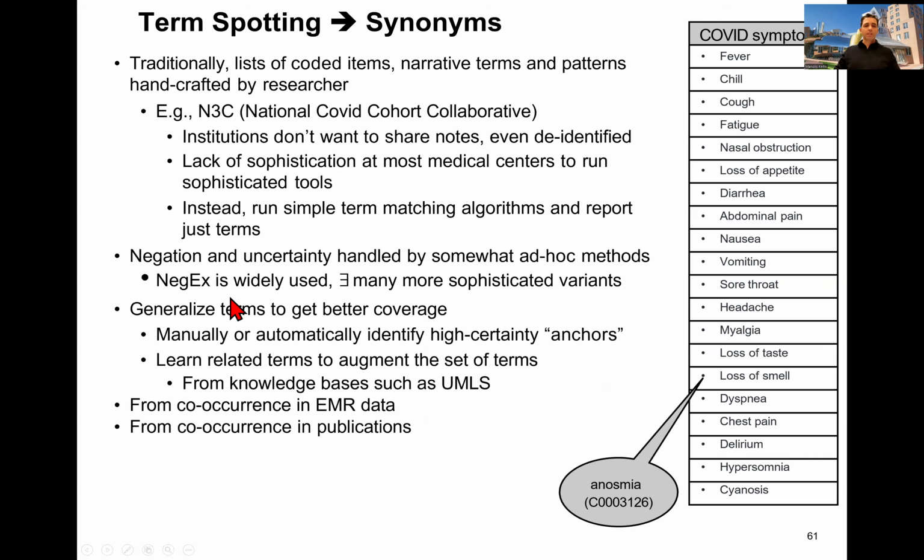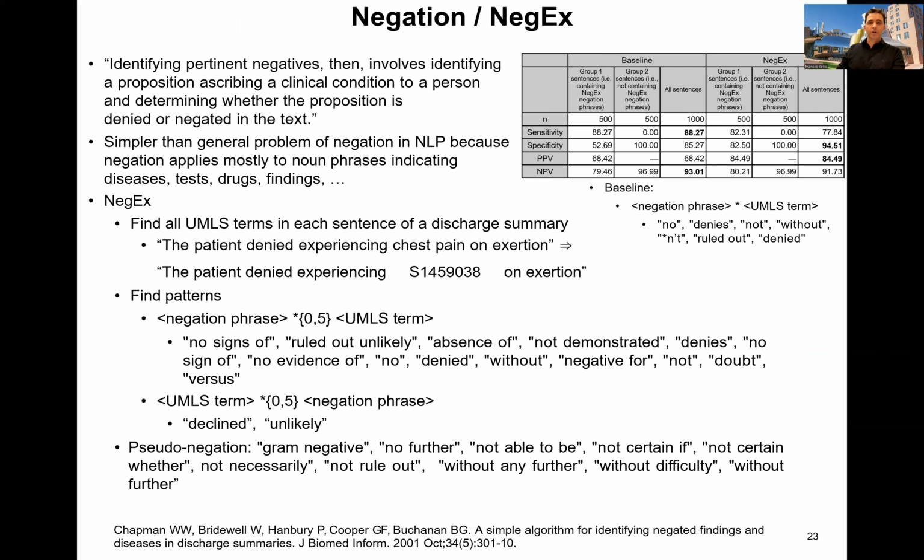So the question is, how do you deal with negation? And then, how do you deal with uncertainty? There was a lot of work in understanding all of the different ways that we can say the negative of something.